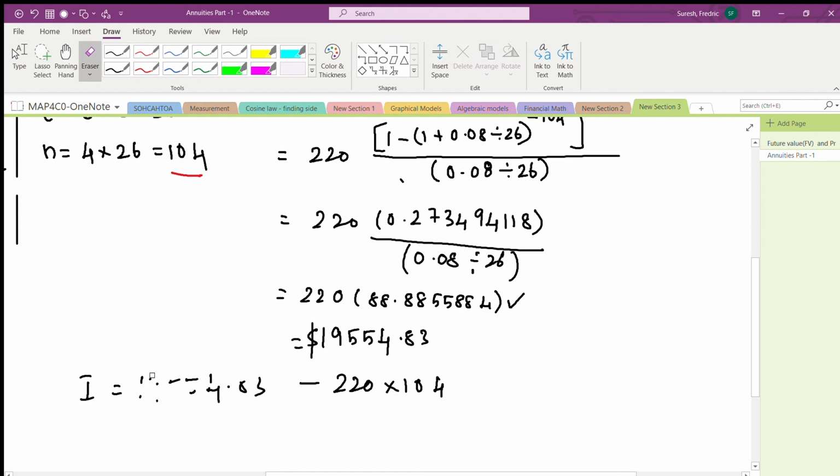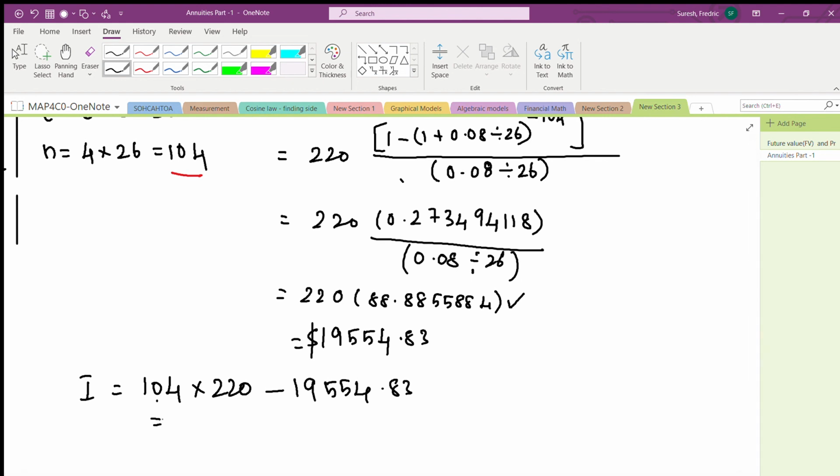The way to think about it is the money that she pays will always be more than the loan amount, isn't it? So the money that she paid should be the first number in the calculation. So that would be 104 times she pays $220 and subtract 19,554.83.